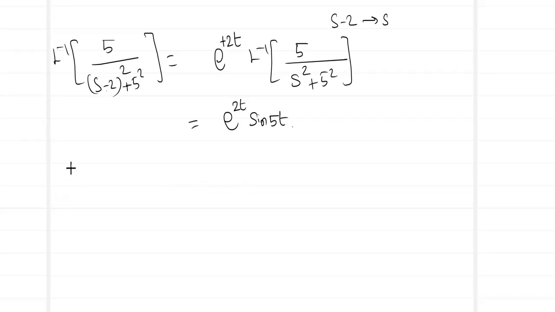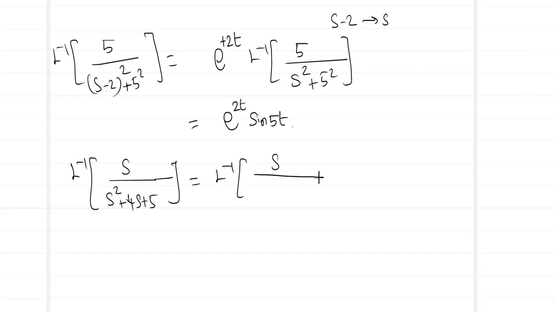Let us consider this problem where I have s divided by s square plus 4s plus 5. Now, as such, the denominator is a quadratic expression. What I can do is convert it into a perfect square by halving the coefficient of s, that is, dividing it by 2.